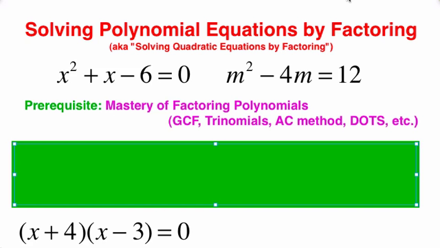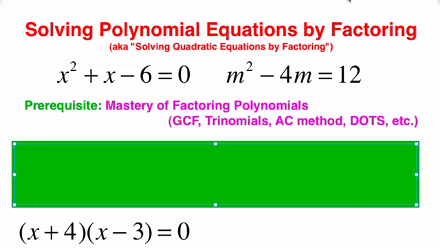So what's really important is that you have your prerequisites, which is factoring polynomials. If you have not mastered how to factor polynomials, you will get very frustrated with this lesson. You really need to have a good toolbox full of tools on how to factor polynomials. So just a couple examples.